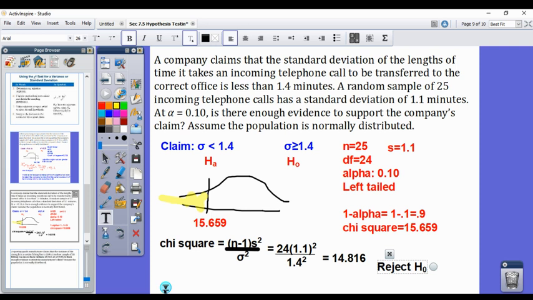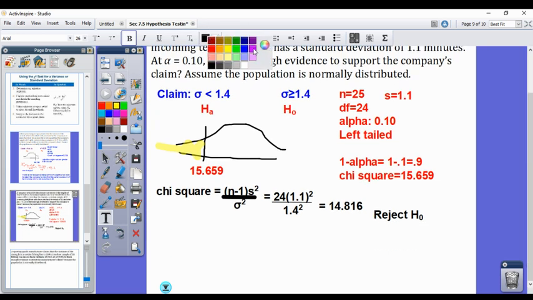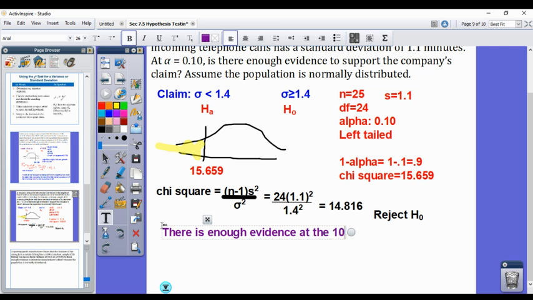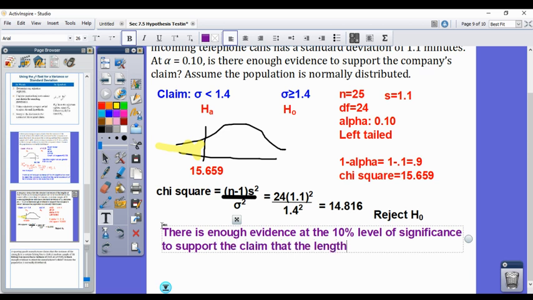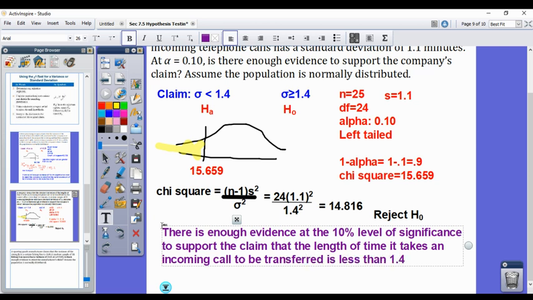Okay, so summarizing sentence. There is enough evidence at the 10% level of significance to support the claim that the length of time it takes an incoming call to be transferred is less than 1.4 minutes.